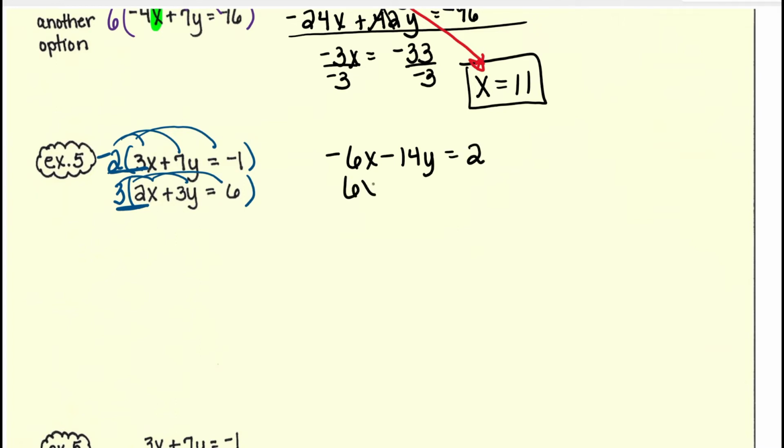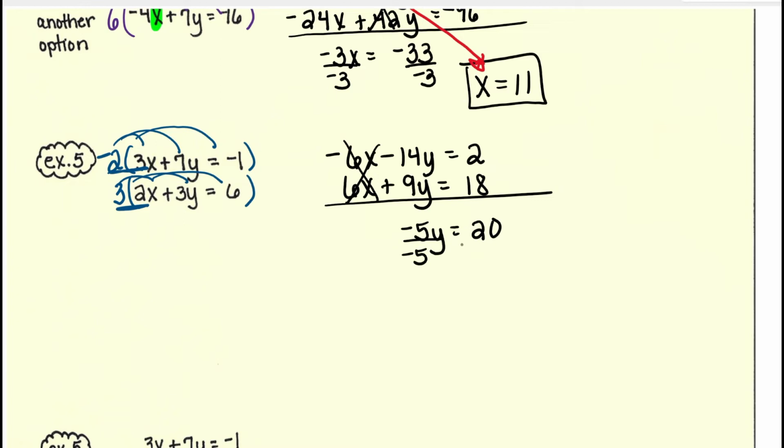Bottom equation, positive 6x plus 9y is equal to 18. The x's eliminate, and that gives me negative 5y is equal to 20. Divide by your negative 5, and y is equal to negative 4. Then we're going to take that negative 4 and go place it into one of those y variable spots.